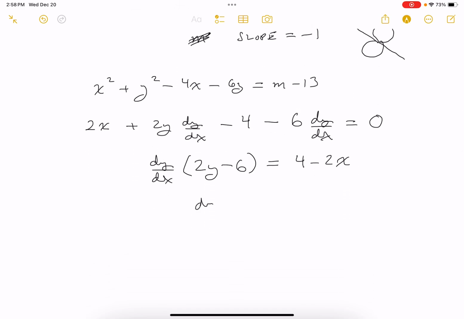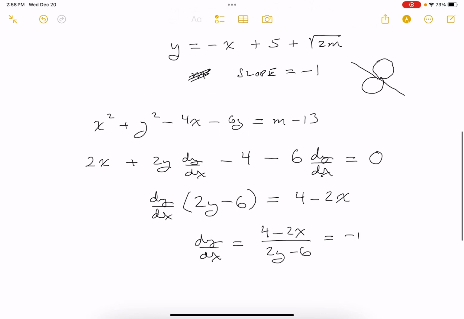So dy/dx equals 4 minus 2x over 2y minus 6. And let me take a look at that. I'll write this down for you. It's going to be equal to 1. I'm sorry, minus 1. Again, the slope over here is minus 1.